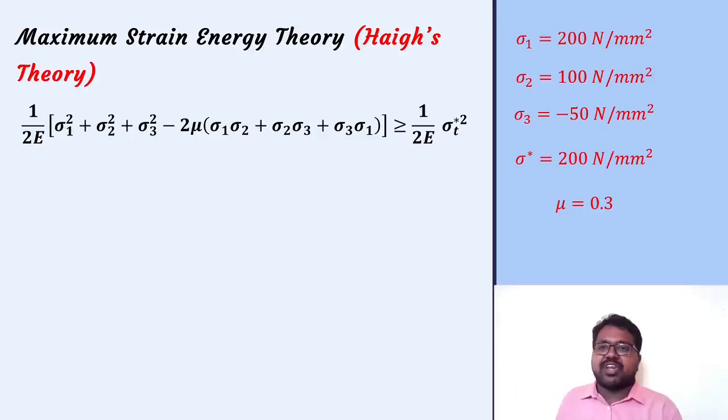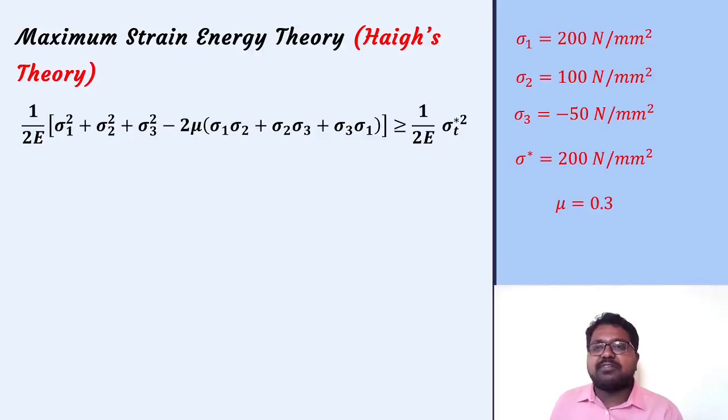Here the total strain energy stored in a body is given by the equation 1 by 2E into sigma 1 square plus sigma 2 square plus sigma 3 square minus 2 mu into sigma 1 sigma 2 plus sigma 2 sigma 3 plus sigma 3 sigma 1. If this total strain energy is greater than 1 by 2E into sigma T square per unit volume, then the member is going to fail.